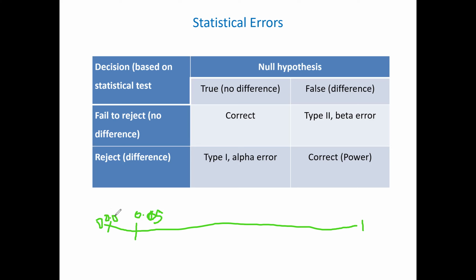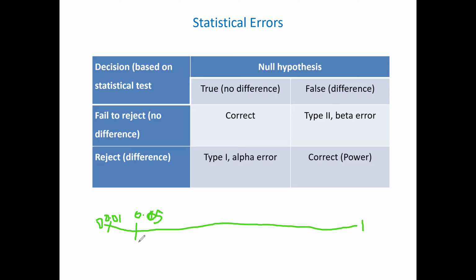So this 0.05 is what we call the significance level. The probability of committing type 1 error is the p-value, or the probability that the difference is due to chance is the p-value. The p-value level at which you reject the null hypothesis is the level of significance.